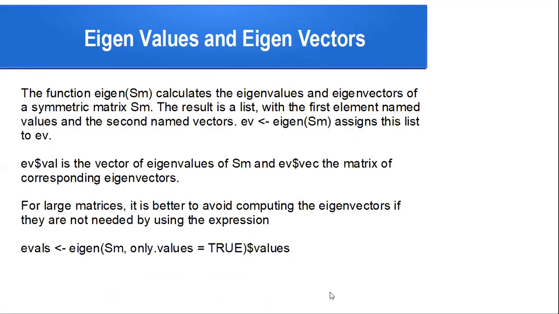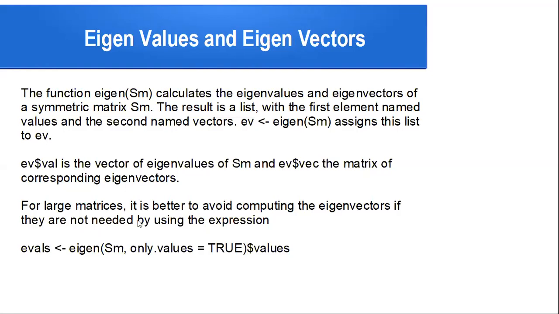Eigenvalues and eigenvectors. The function eigen is a function used to calculate the eigenvalues and eigenvectors of a symmetric matrix Sn. আইজেন ভ্যালুটার জন্য ev values is the vector, eigen Sn, ev vectors the matrix of the corresponding eigenvectors and eigenvalues.